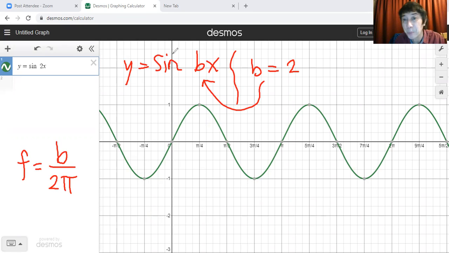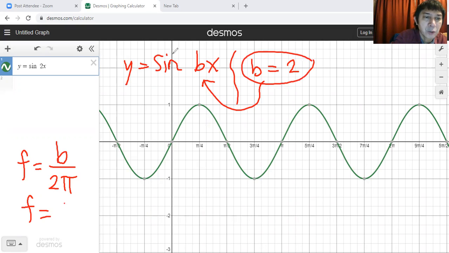And so if we compute our frequency, let's use this. This is now 2 over 2 pi. And where is this? Here is your 2 pi.